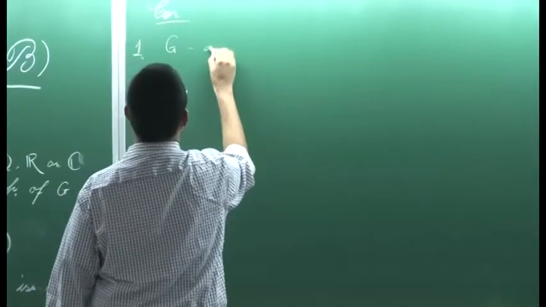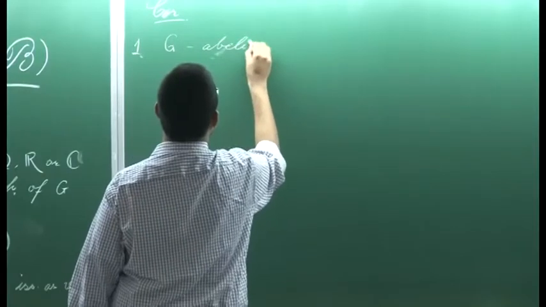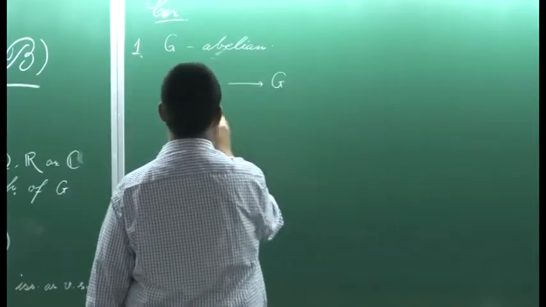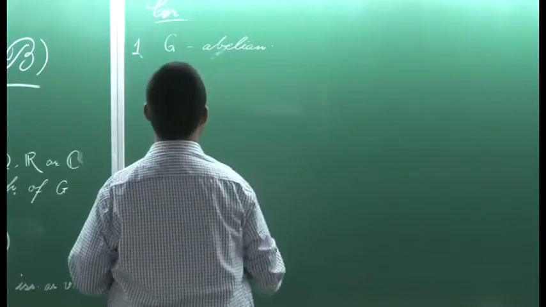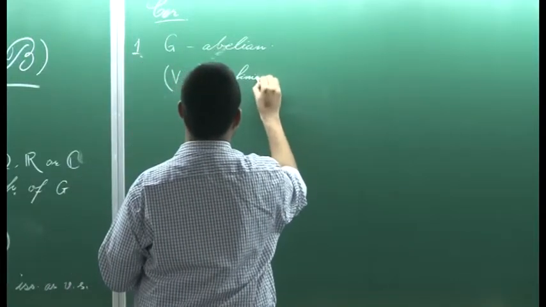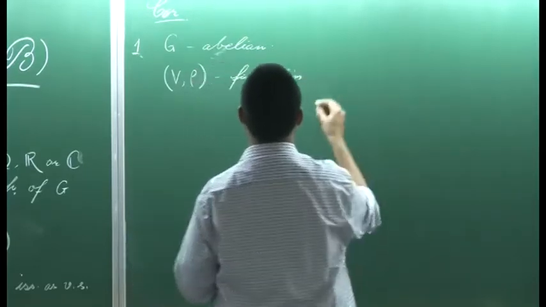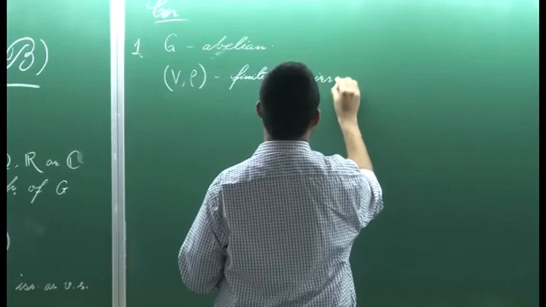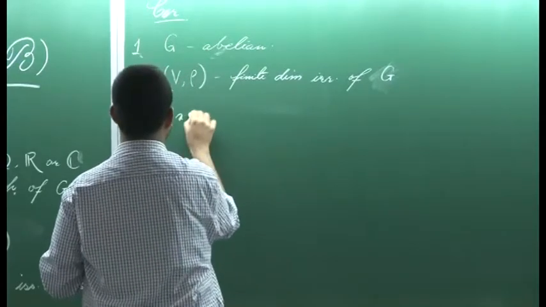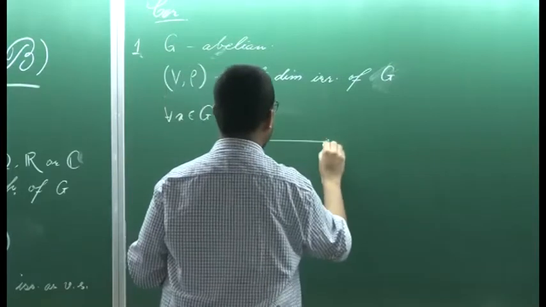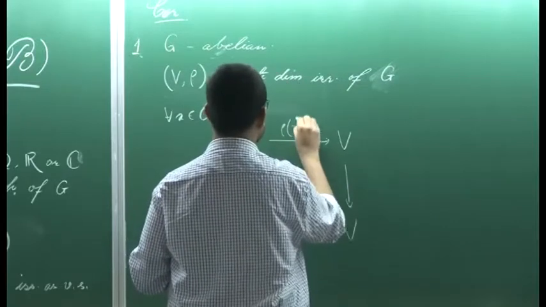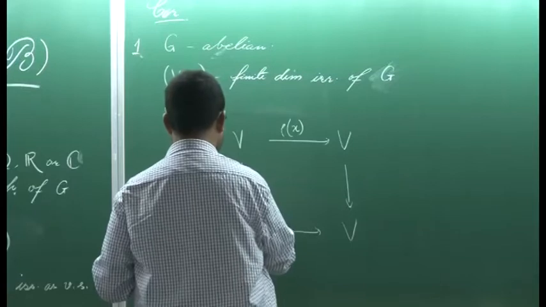Assume that the group G is abelian, and let (V, rho) be a finite dimensional, irreducible representation of this abelian group G. Then it is quite clear that for each x in G we do have this commutative diagram, with rho x and rho g.